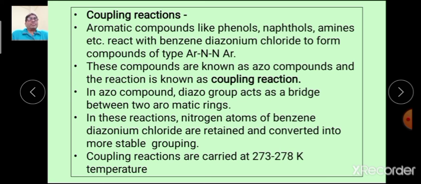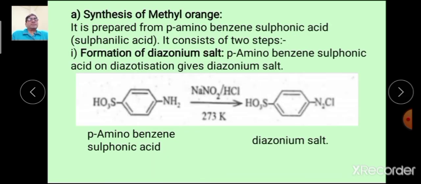Of course, these coupling reactions are carried out at 273 to 278 Kelvin temperature.